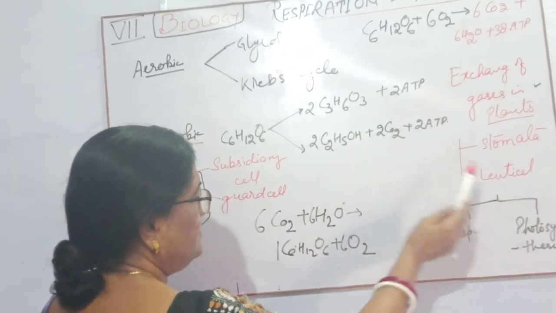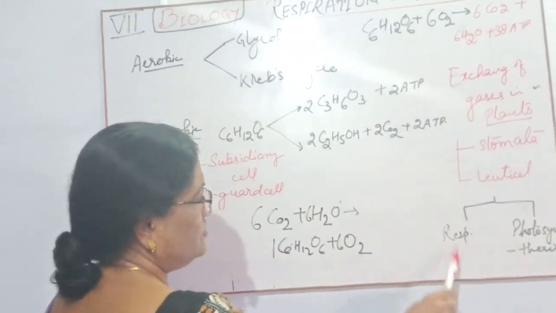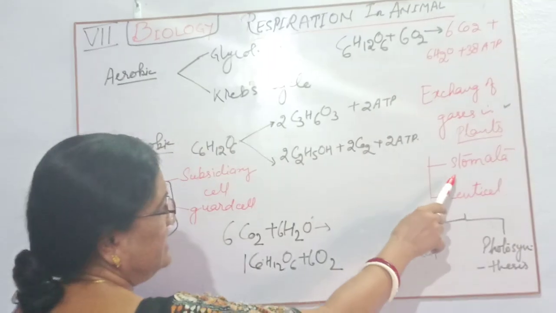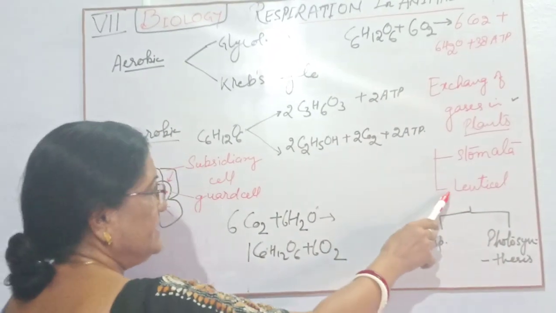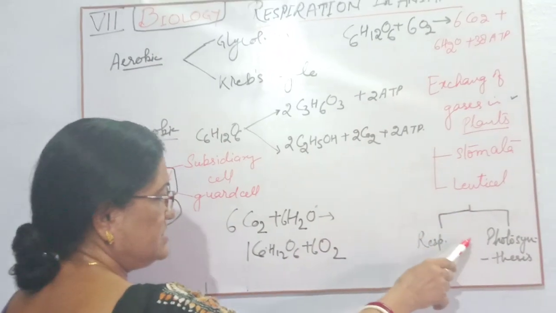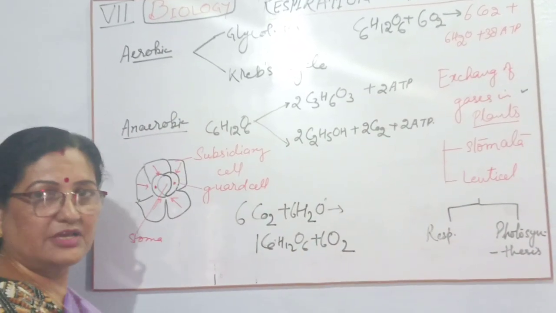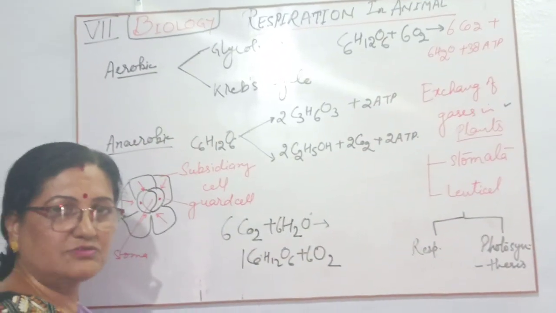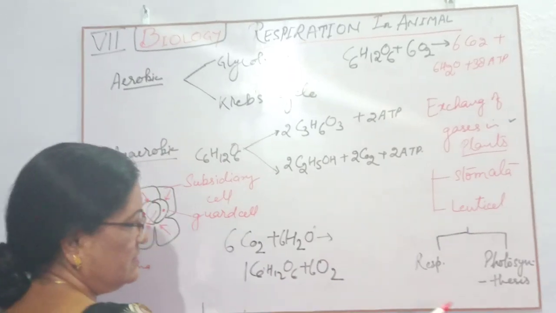Stomata and lenticel both help in respiration as well as photosynthesis. During the daytime, stomata help in photosynthesis: they take in CO2 and release oxygen for us and other living animals.